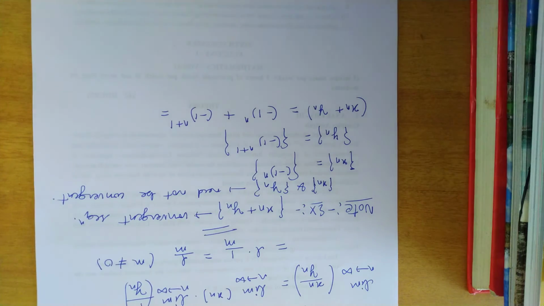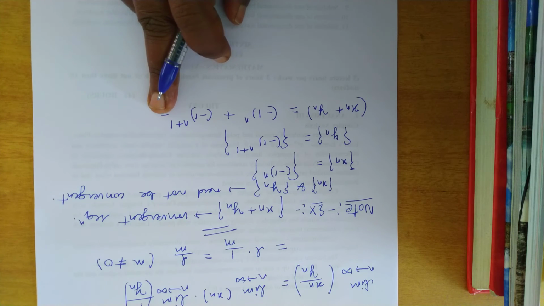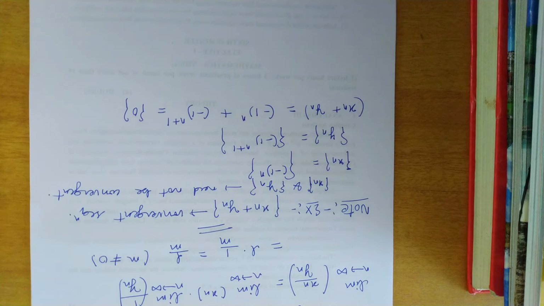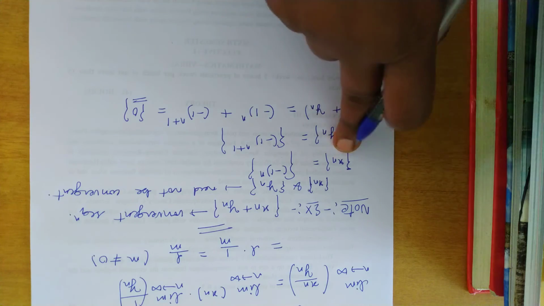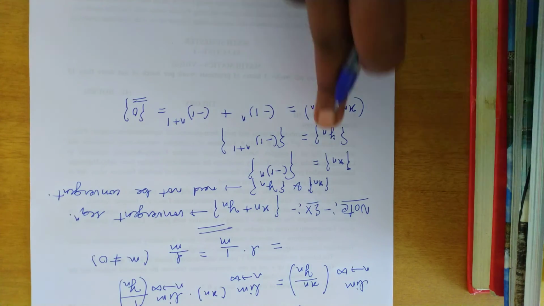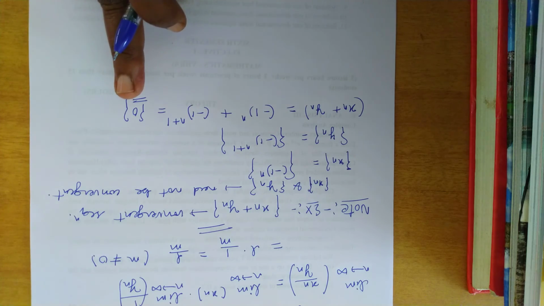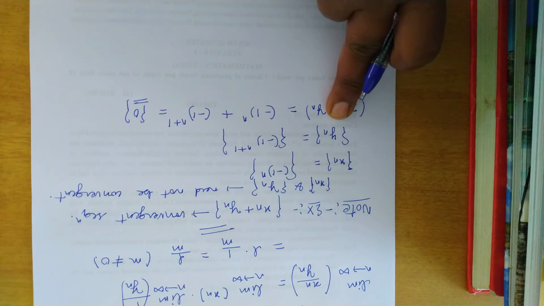So the terms cancel, and the answer I am going to get is 0, which converges to 0. So this is a convergent sequence, the zero sequence. But what do I know? xn is an oscillatory sequence, yn is an oscillatory sequence, but the final sum is a convergent sequence. So the sum can be convergent while the individual sequences need not be convergent.